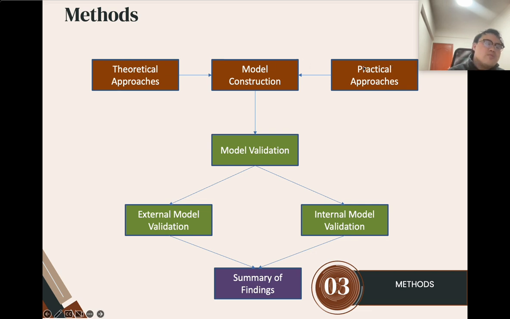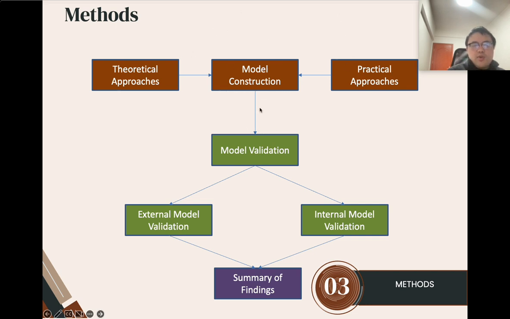In our study, we are using both approaches. Theoretical approaches means referring to literature and getting insights from literature to construct the model, which I've just mentioned, the literature review being pushed into the EDI model. The practical approaches mean that it is being used as a case study. So we are getting insights from both approaches into the model construction.